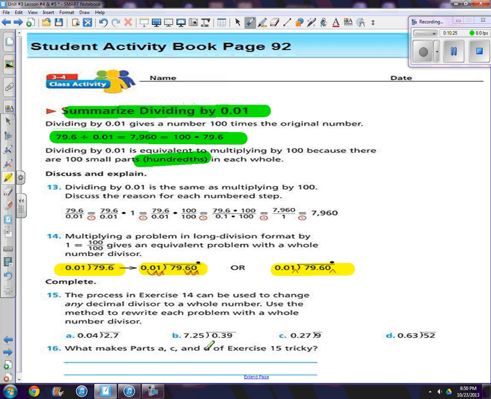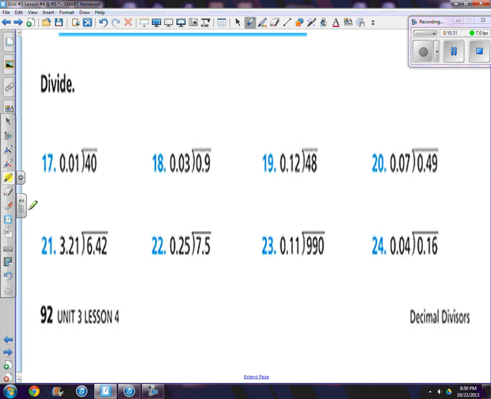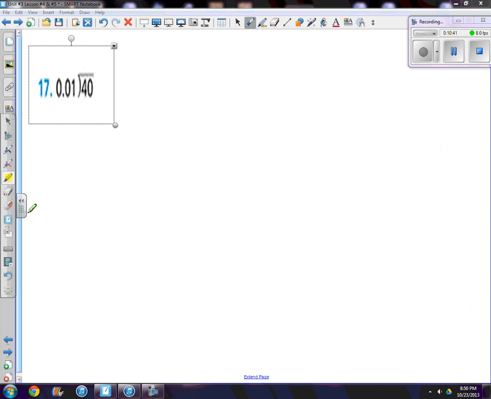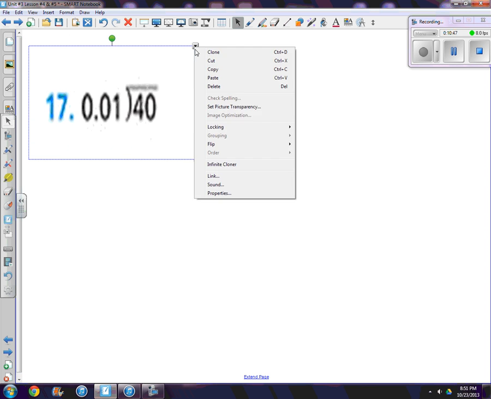All right? I'm just going to jump over this and do a couple of these problems. Let's just start with number 17. In your black notebook, copy this down, and I'll enlarge it a little bit here, and let's get started.